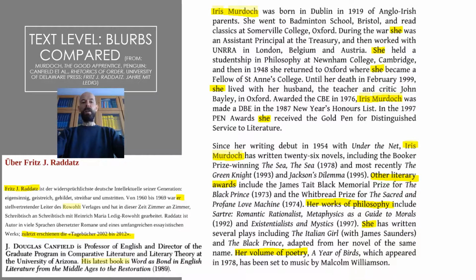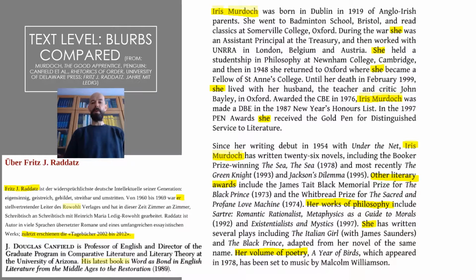And if we looked at longer blurbs in German, we'd find more of these sort of deviant constructions if we view it from the perspective of English. So text type determines particular choices in thematization, and one typical example is the blurb.